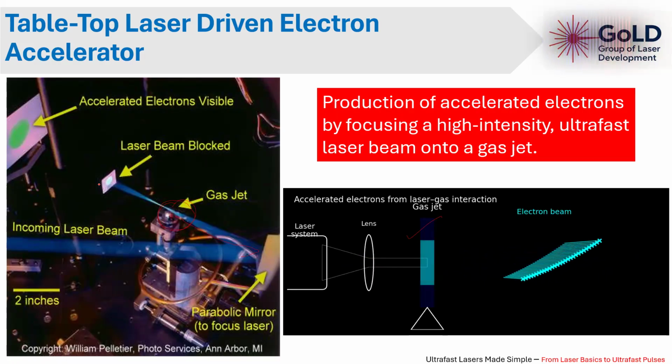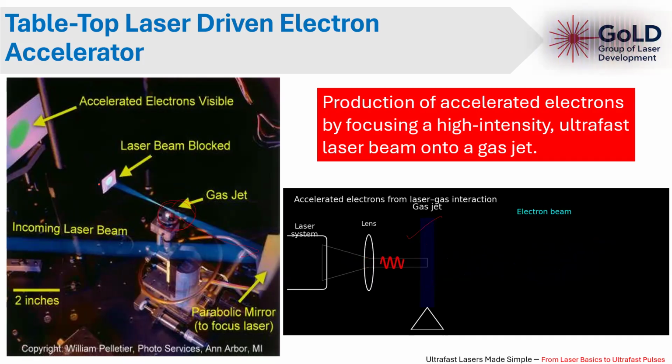So with the help of this laser, we can generate electrons and direct them for different applications. From these bunches of electrons, we can also generate some other atomic particles as well, but that is a long story. Here I'm just giving you a little overview of what can be done with this femtosecond laser.